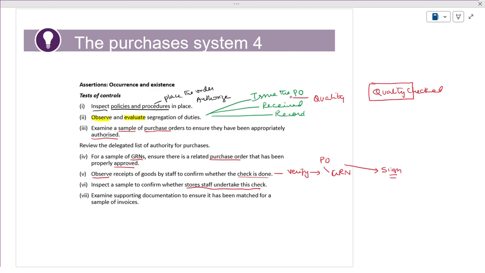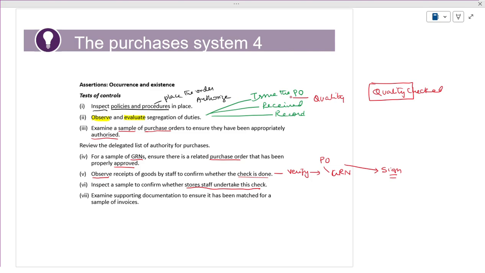You have to fill in the request form and sign it, and the stores department will approve it, and somebody will issue it. Understand? You are signing, somebody will approve, somebody will issue. Likewise, inspect a sample to confirm whether store staff have undertaken the check, whether the stores clerk is doing his job or not.